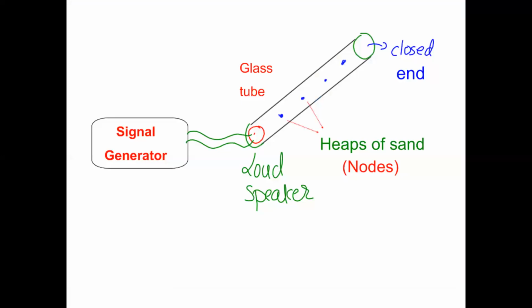These waves strike from the closed end of the tube and form a stationary signal.